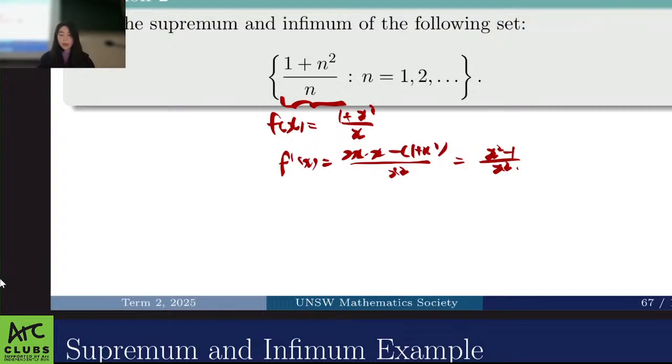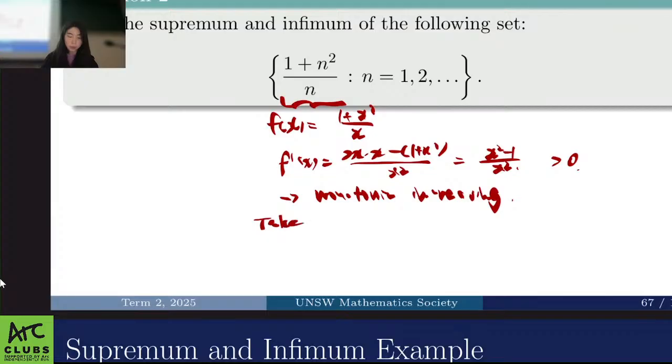So note that when n is equal to 1, 2, 3, and so on, this is always going to be greater than 0, which means that this is a monotonic increasing sequence. And because it's monotonic increasing, we know that its infimum is just going to be the first number in the sequence, which means we take n equals 1 and evaluate it, and that gives us 1 plus 1 over 1, which is 2.